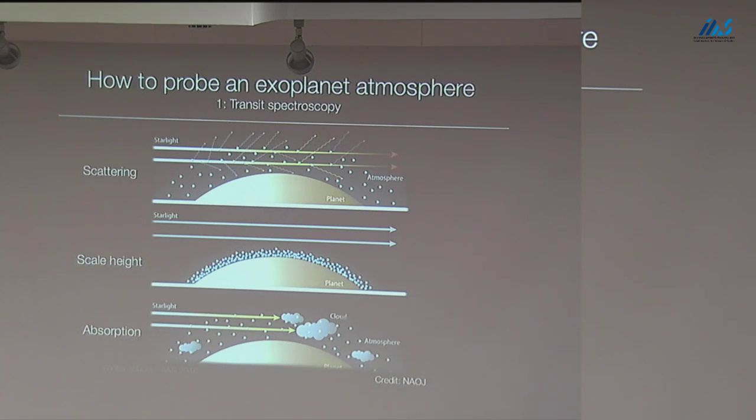In the visible part of the spectrum, when there are particles, clouds, or molecules in the atmosphere, these particles tend to scatter light. So a transit spectrum in the visible can tell you about the scattering properties, meaning whether there are clouds or, on the contrary, no clouds or aerosols in the atmosphere.